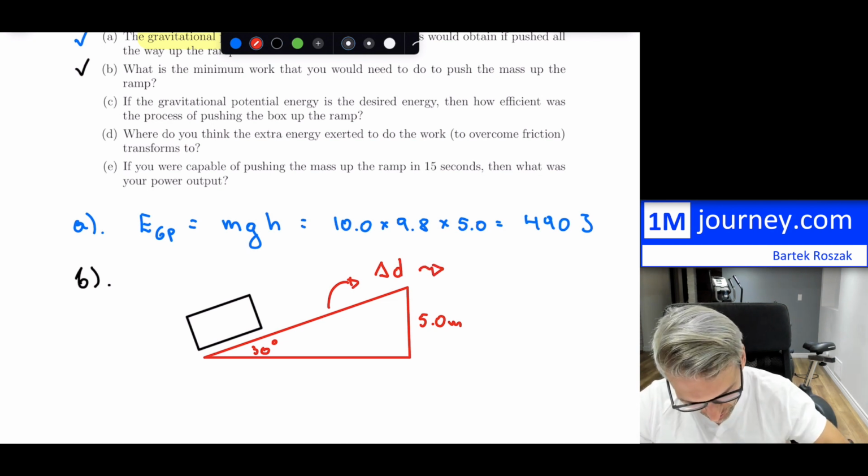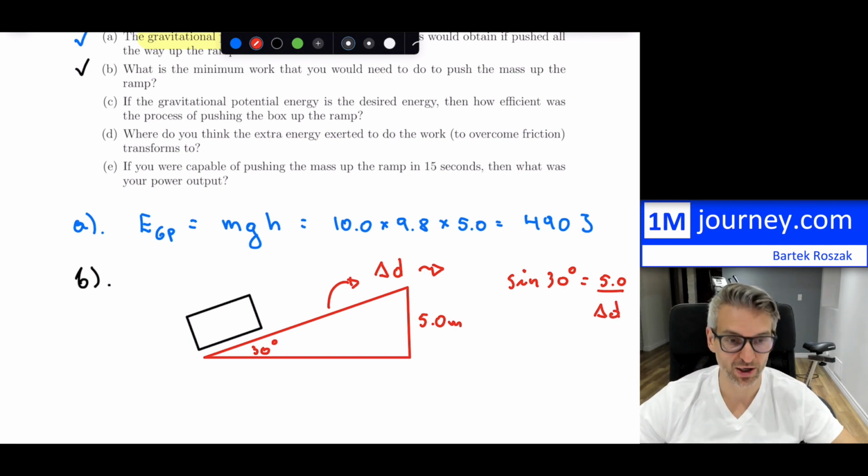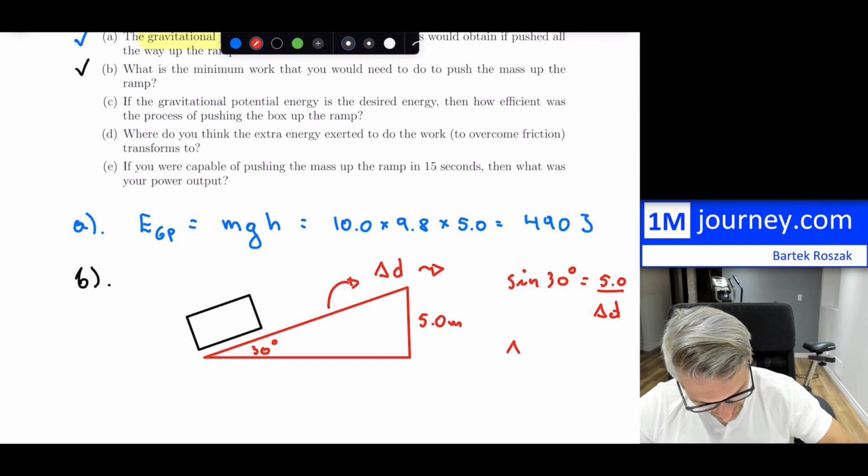With the angle, this is going to be opposite, so it's going to be using the sine. So sine of 30 degrees is equal to the opposite, which is 5, all over the hypotenuse, which is your displacement that you're going to move this box along. So in other words, displacement is equal to 5 divided by sine of 30.